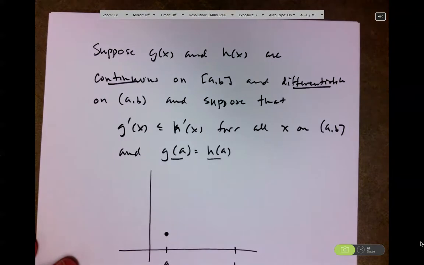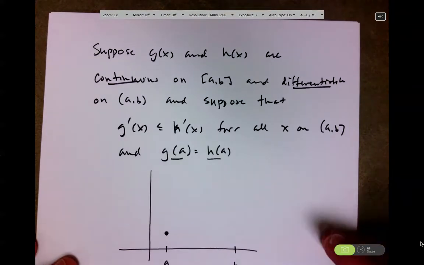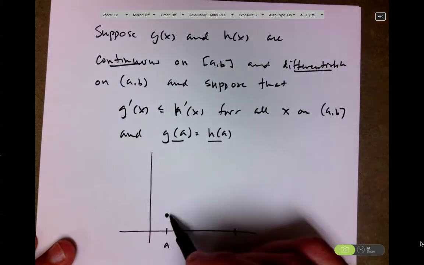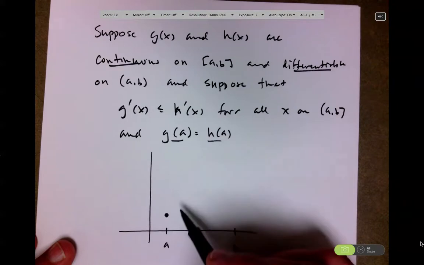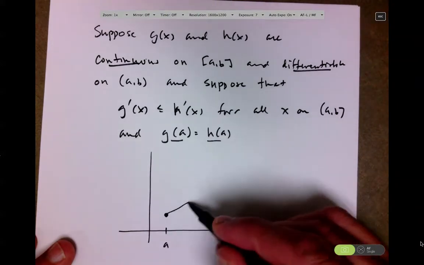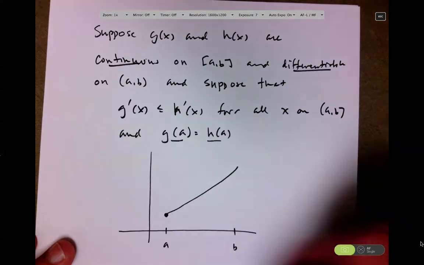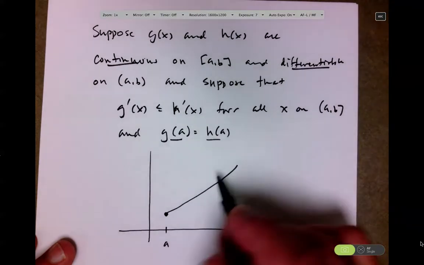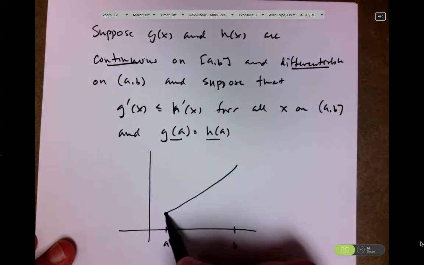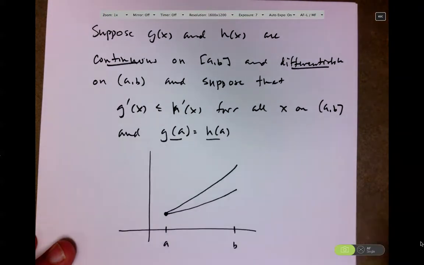That tells me how fast the function is increasing or decreasing. If these are both increasing functions, the derivative of h has got to be more than the derivative of g. So let's say that h goes something like this. The slope of that is going to be h prime. And then g prime is less than that, so g might increase like this.